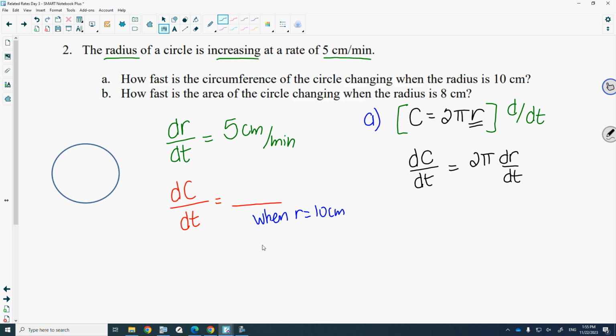Okay, so we need to find dC/dt, and that is equal to 2 times pi times dr/dt. We know what dr/dt is. So the rate at which the circumference of the circle is changing with respect to time is 2 pi times dr/dt, which is 5.